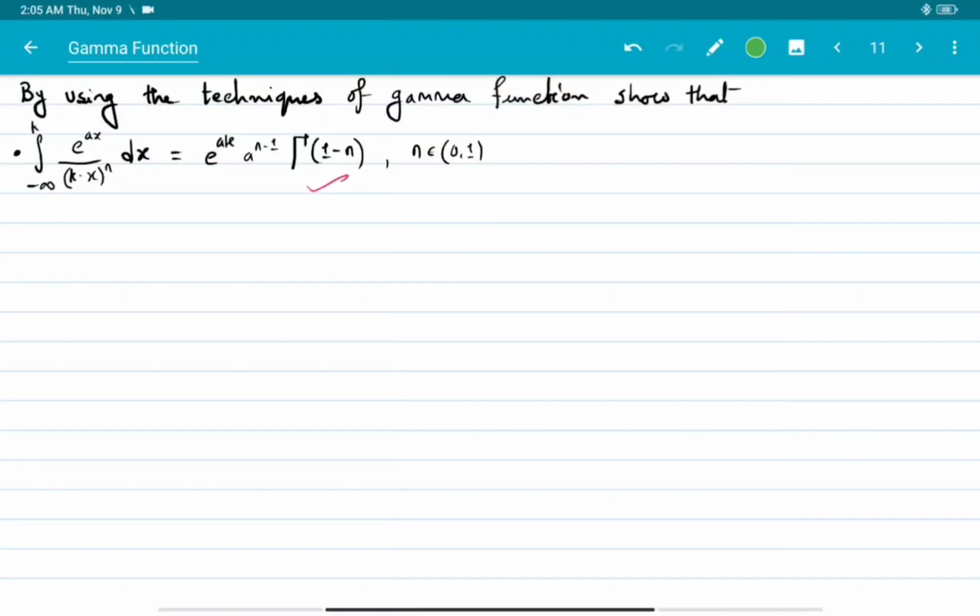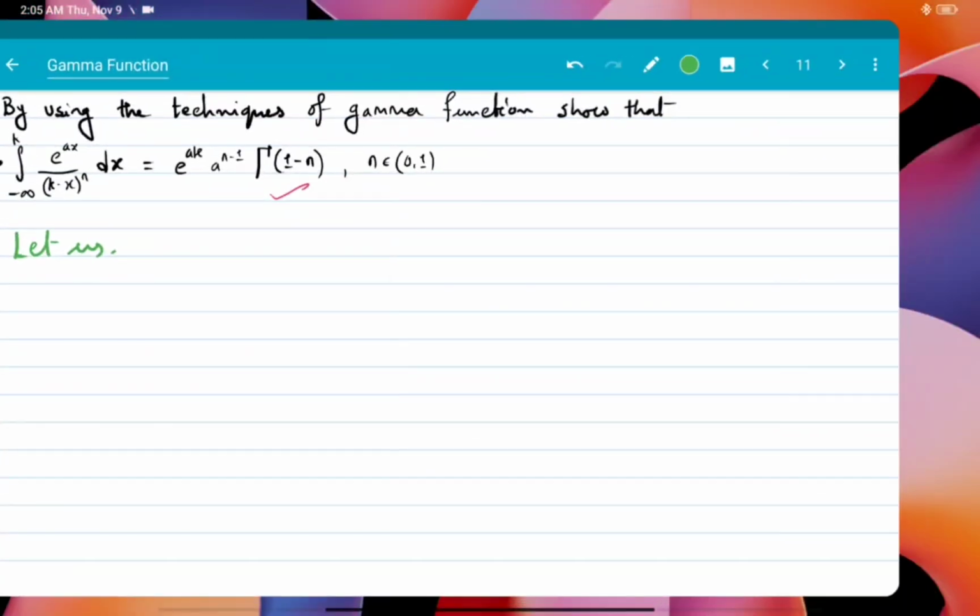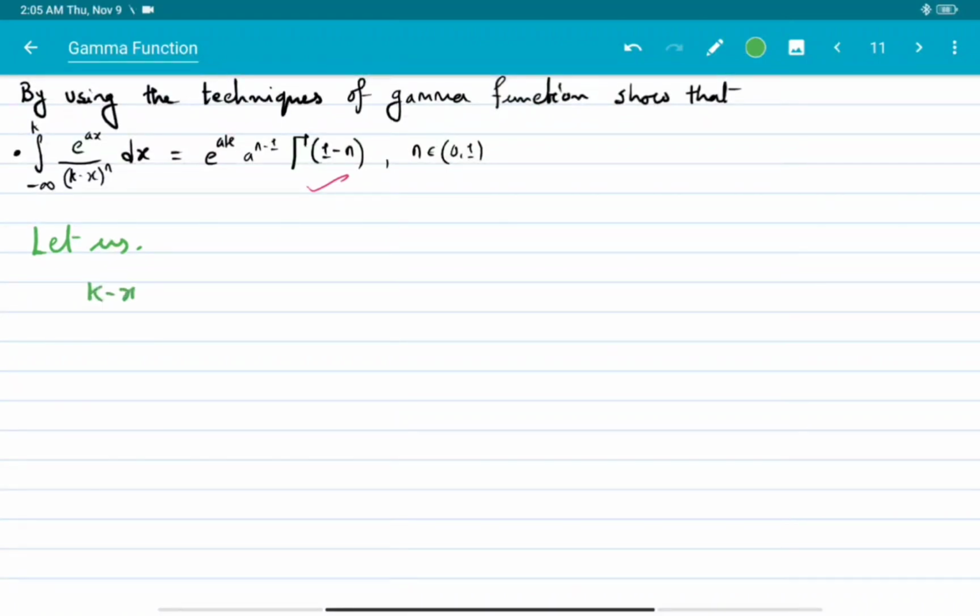How will the substitution be done? We'll substitute k minus x equals u, and du is minus dx.